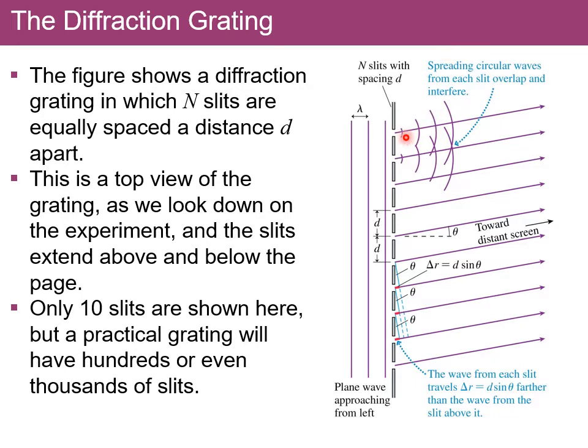Only 10 slits are shown here, but a practical grating will have hundreds or even thousands of slits. The wave from each slit travels an extra path length delta r equals d sine theta farther than the wave from the slit above it.